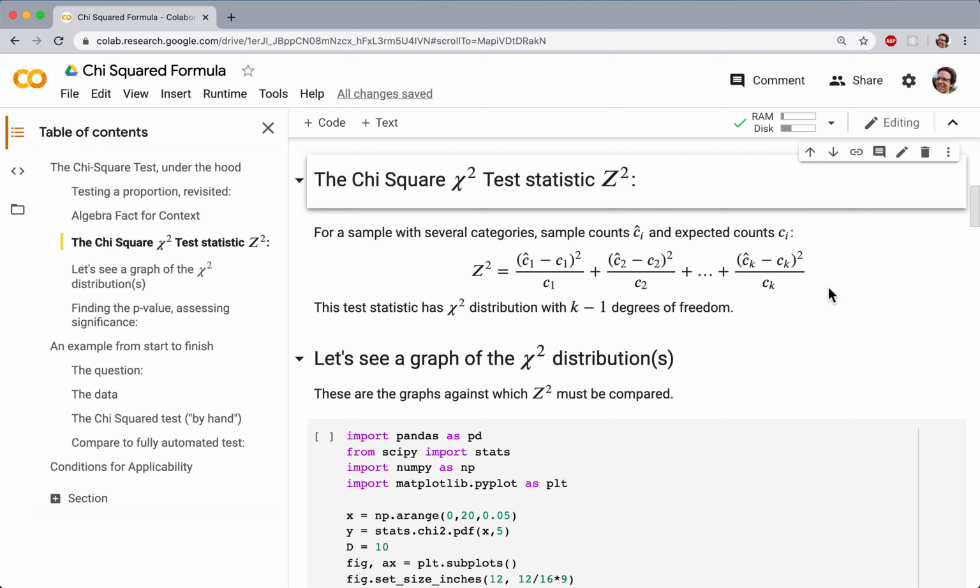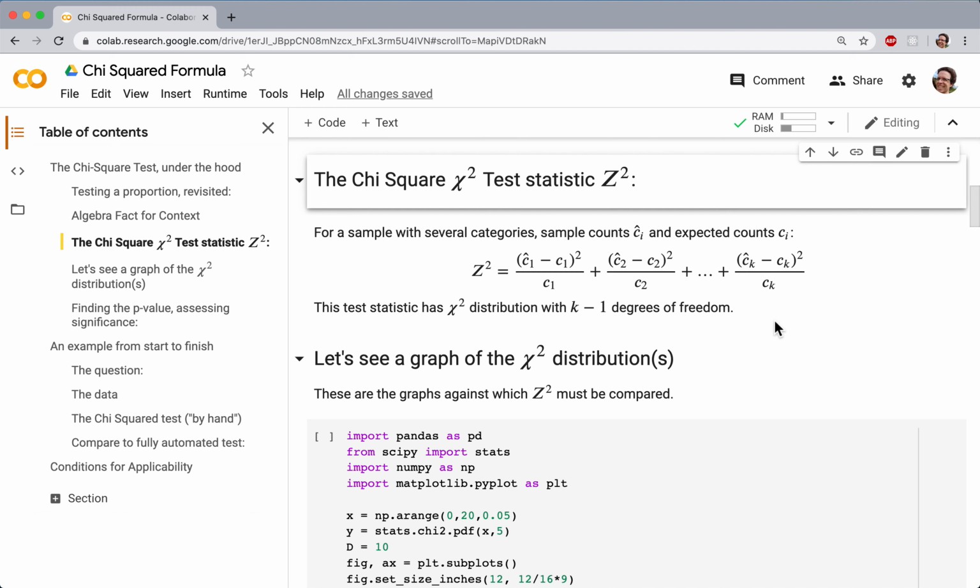If we have many categories, not just two, not just true and false, not just good and bad, but many categories, A, B, C, D, whatever, then we'll have many different counts. We'll have some anticipated counts that come from a null hypothesis. That would be C1, C2, CK. And then we'll have some actually measured counts that come from the data. That would be C1 hat, C2 hat, all the way through the last C sub k hat.